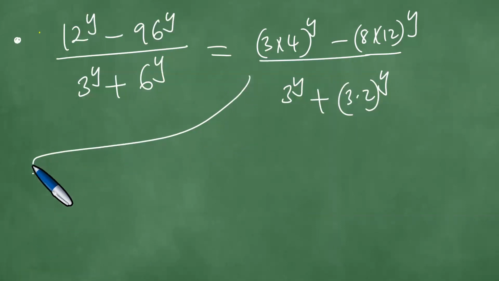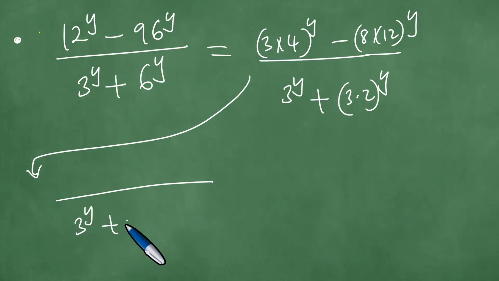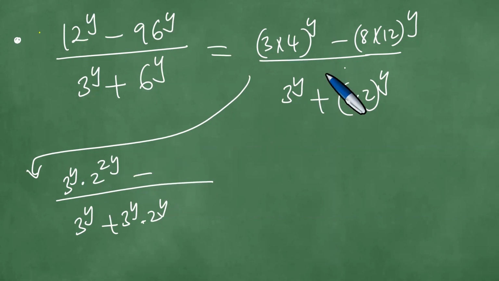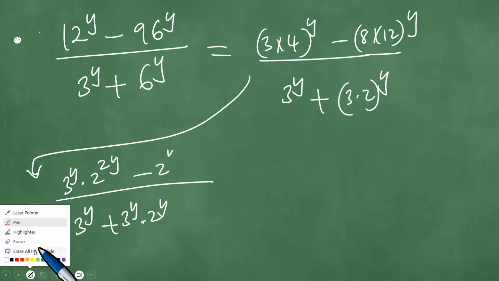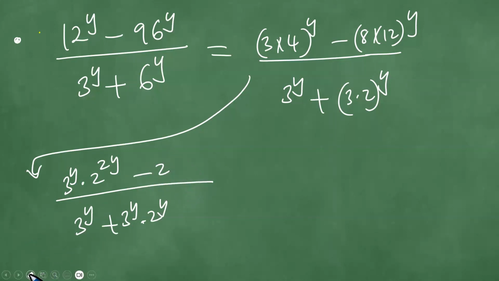So you move from here to here. 3 to the power y times 2 to the power y. The 4 is like 2 squared, which is 2 to the power 2y. The 8 is 2 to the power 3, with the y, so it's 2 to the power 3y.